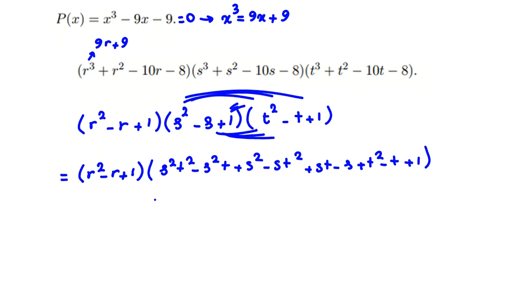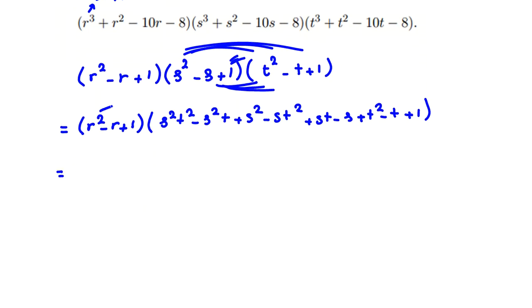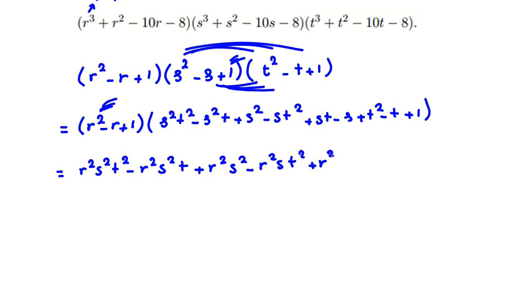Okay, now in the next step, we multiply r squared to all of them. It will be r squared s squared t squared minus r squared s squared t plus r squared s squared minus r squared st squared plus r squared st minus r squared s plus r squared t squared minus r squared t plus r squared. Then we multiply by negative r.